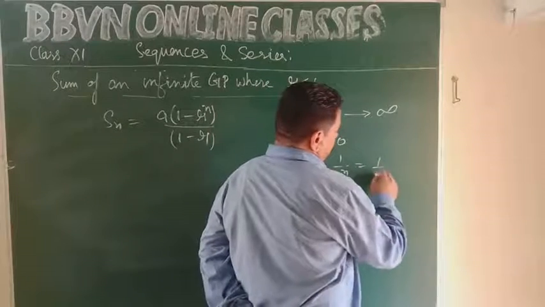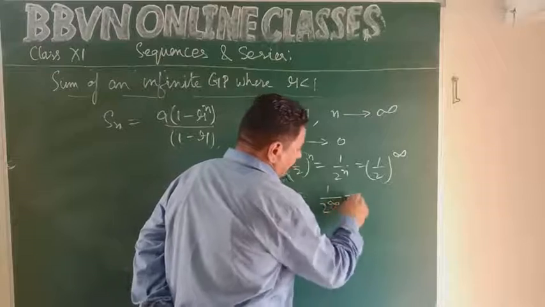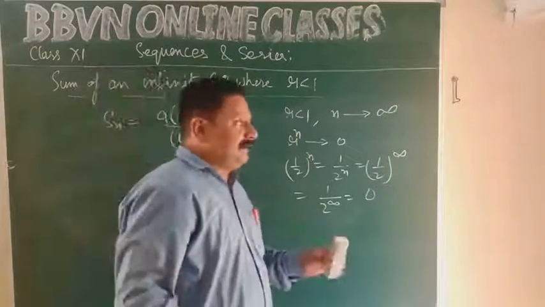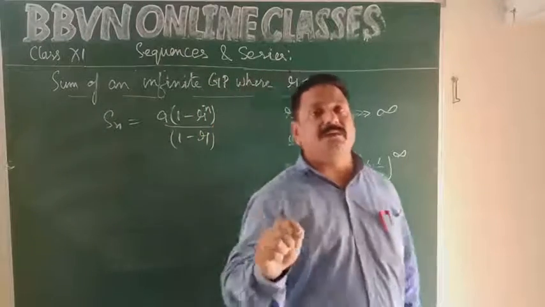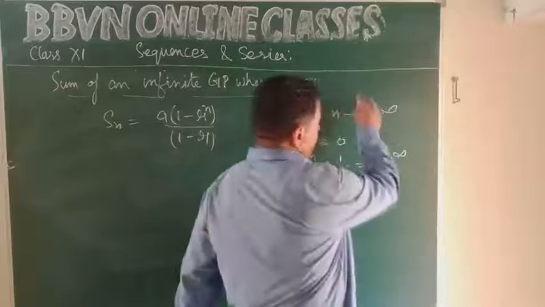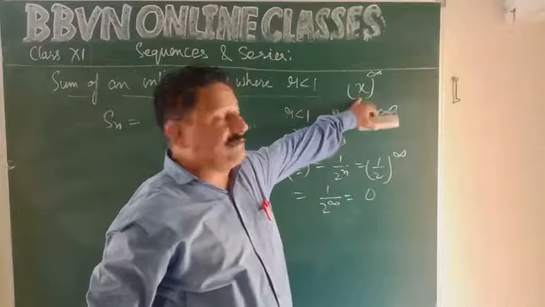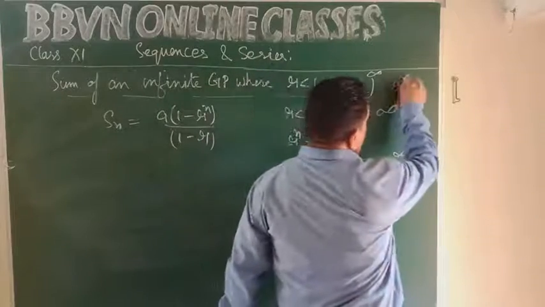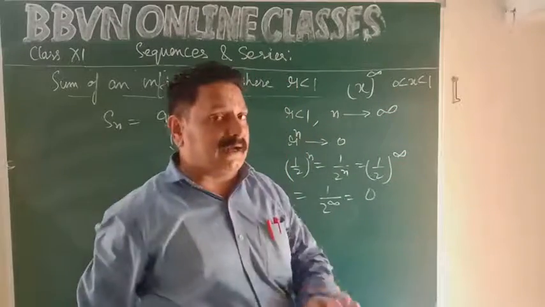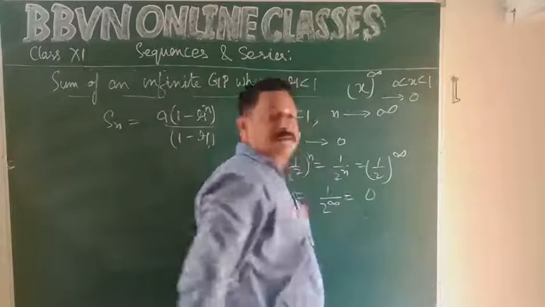So 1 upon 2 power infinity is 0. So whenever you have a number x to the power infinity, where x is greater than 0 but less than 1, x power infinity always tends to become 0.